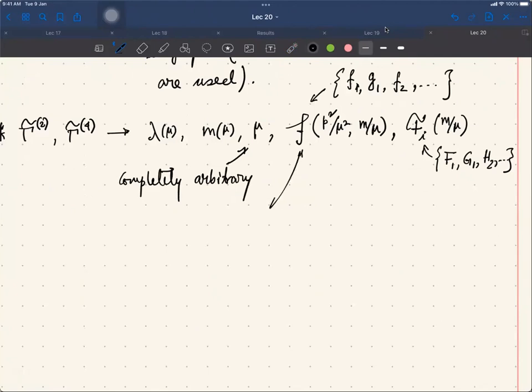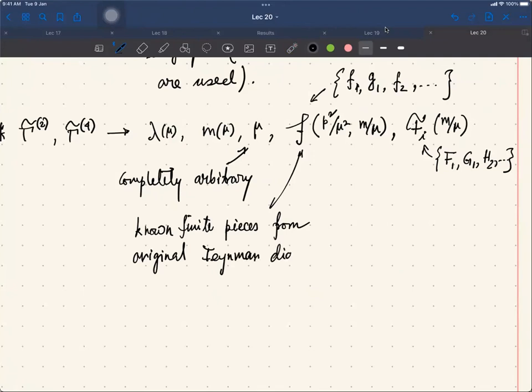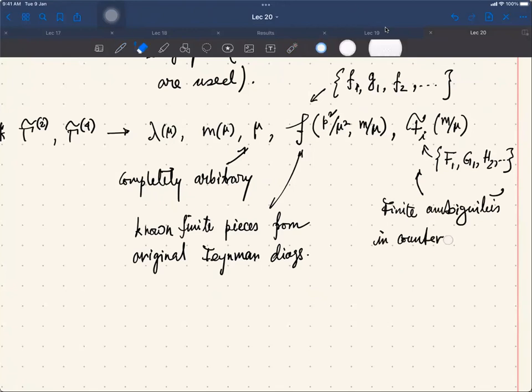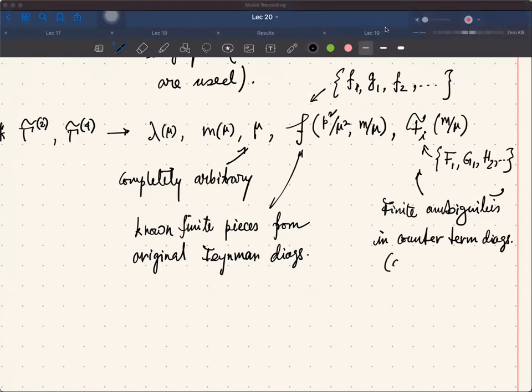This is known finite pieces from original Feynman diagrams, and this one is finite ambiguities, at epsilon equals 0.